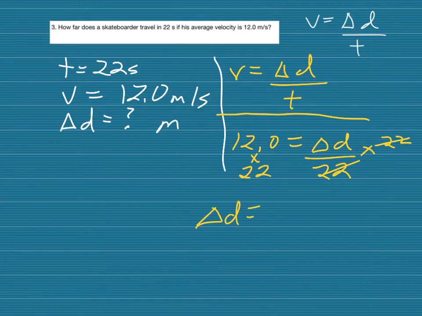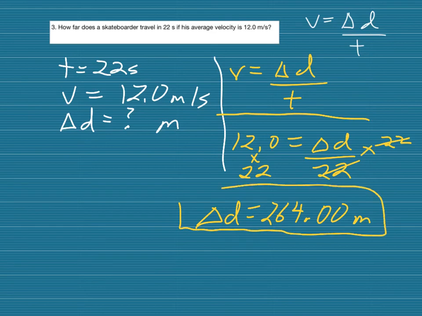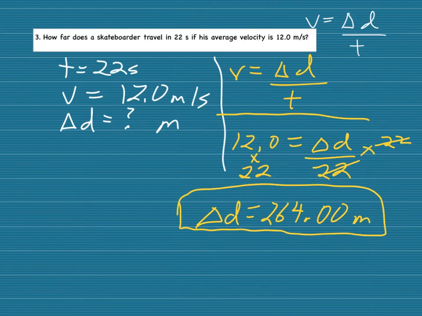My answer would be 264, and again I use 0.00, since it came out as a whole number. I'm going to go 2 decimal places, and my units would be meters. And I'm going to draw a box around my answer to separate it from my work.